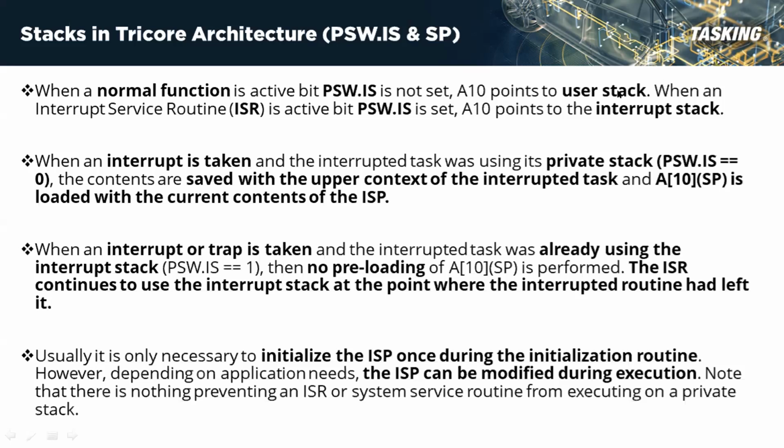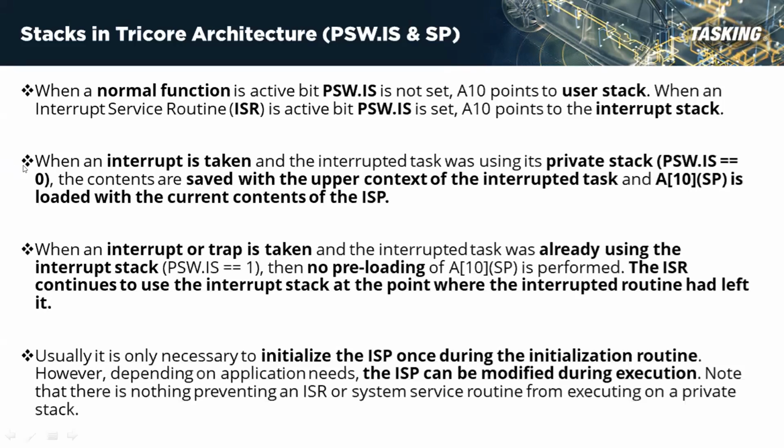And when I execute an ISR, or interrupt service routine, that means I am handling a certain interrupt. So the interrupt stack is going to be set because it is an interrupt service routine, and A10, the address register, will point to the interrupt stack. So this is the normal straightforward use case.